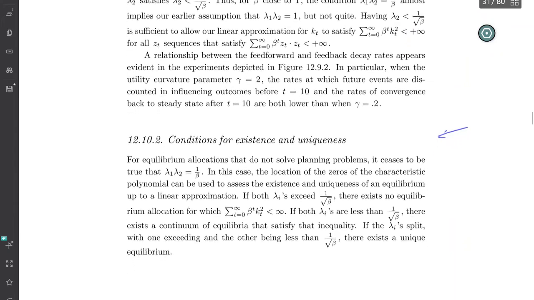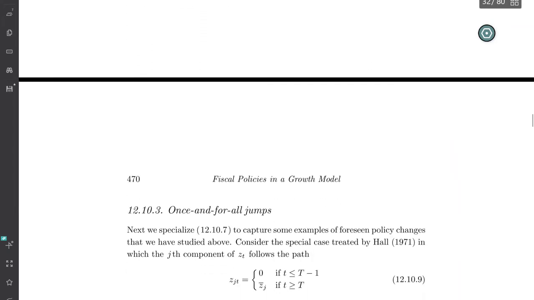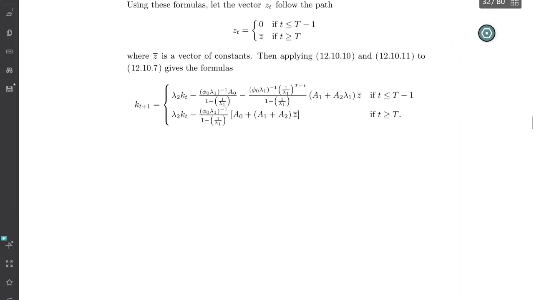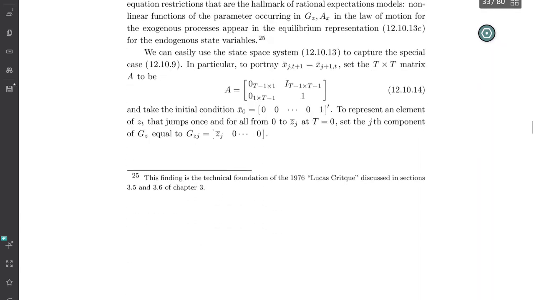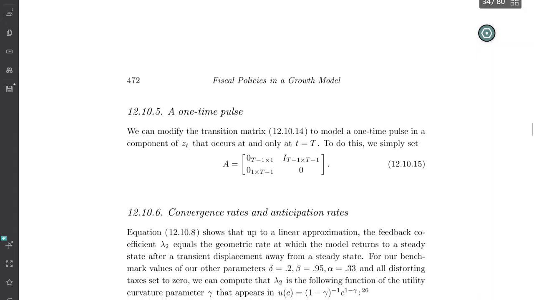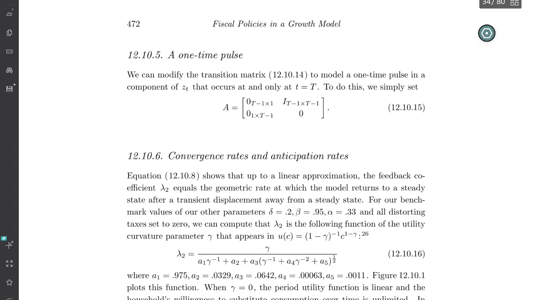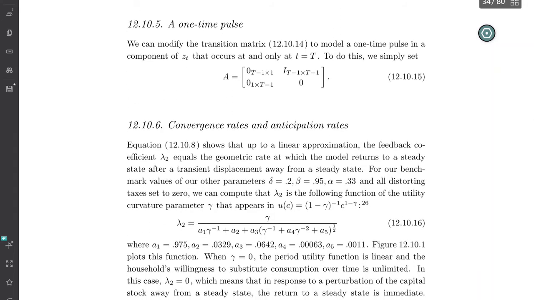Okay. And then I'll show you a couple other things. There's lots of tricks with formulas. You could either do it by hand, or you could get a formula for lambda 2, which is that return to the transient.